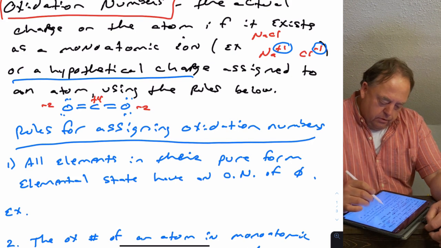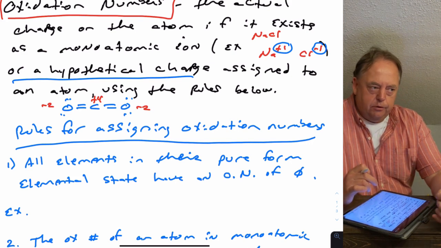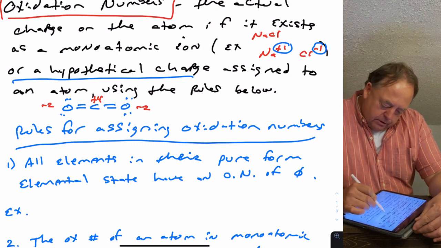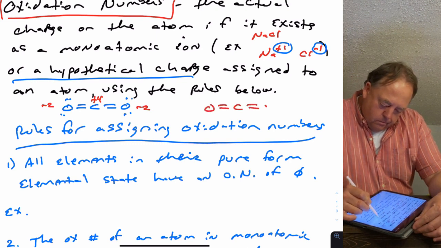One thing you don't want to do in this chapter is confuse oxidation numbers with formal charge. For CO2, the formal charge on each atom is 0.